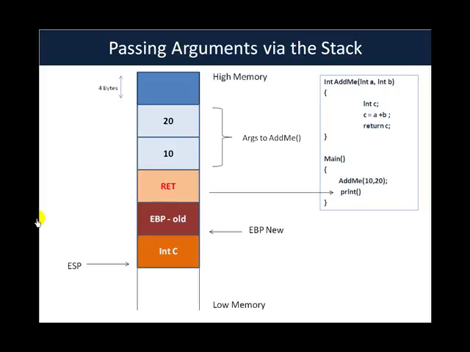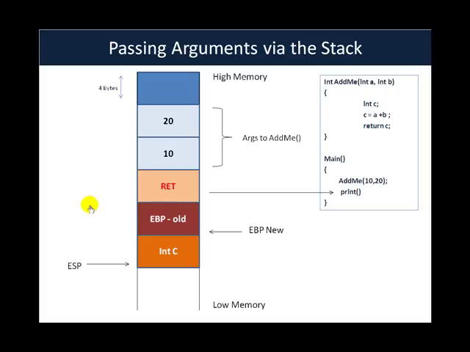So just to summarize, the arguments which are passed to a function are stored on the stack, then the return address is stored, then the old value of EBP is stored, and then EBP actually points to the top of the stack at this point when we enter the new function. And then from here onwards, all the local variables for the function will be stored and ESP will be changed accordingly.